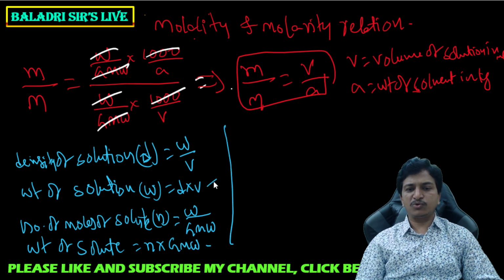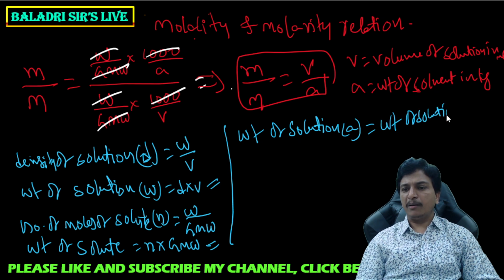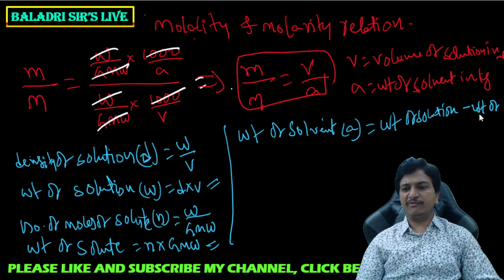You have weight of solution and you also have weight of solute. Now from these two, I can find weight of solvent. Weight of solvent we are taking as A. A is equal to weight of solution minus weight of solute.